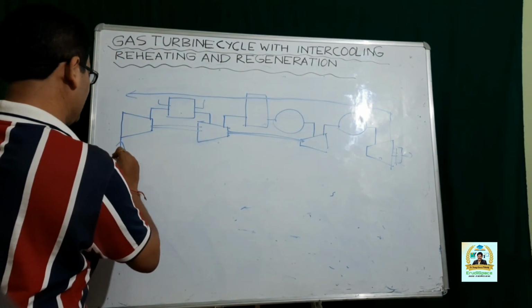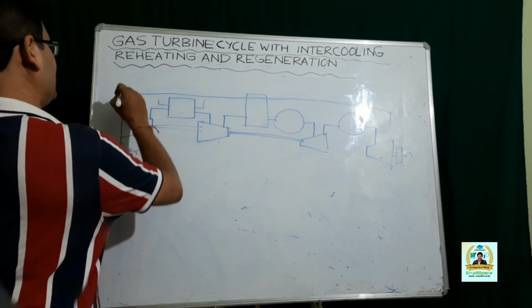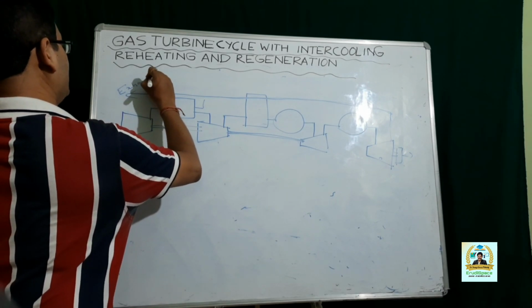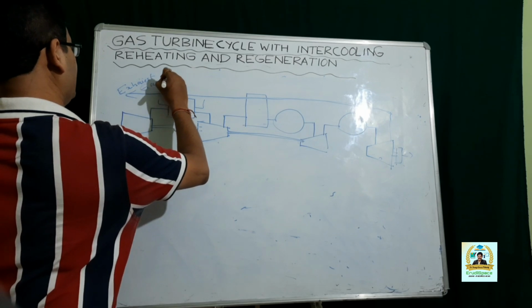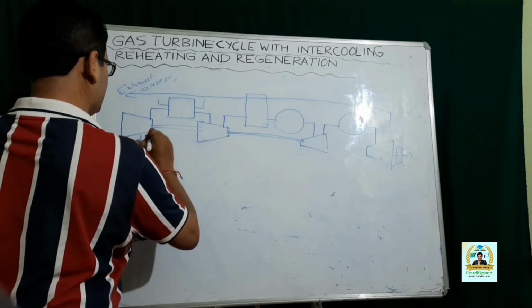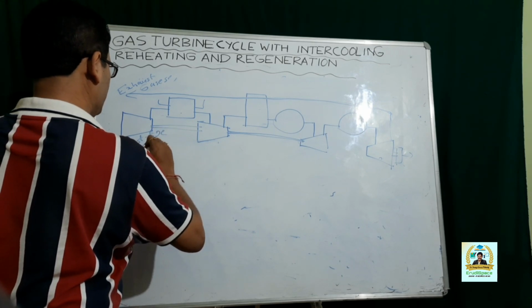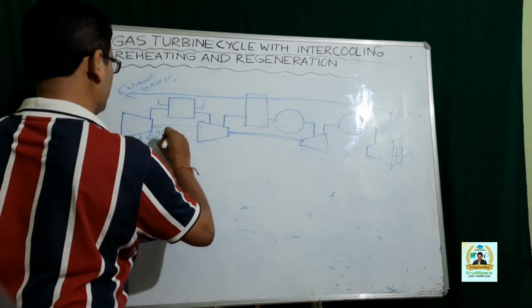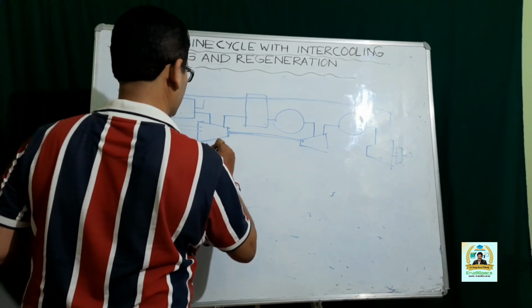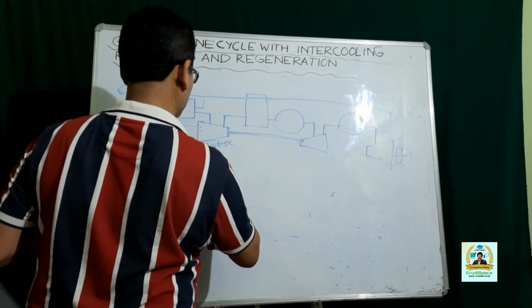So you have air in, and this is your exhaust gases. This is the first stage compressor. This one is the second stage compressor.